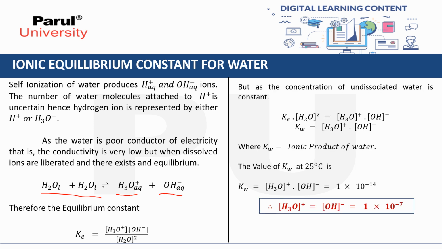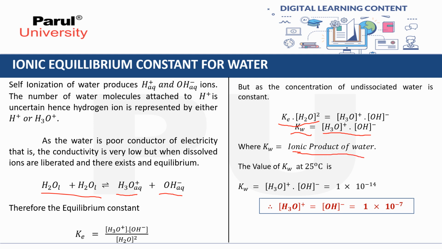But as the concentration of undissociated water is constant, we can assume the concentration of the reactant as a constant value. Therefore, Ke multiplied by the concentration of the reactant will give you the ionic product of water, a constant value, that is Kw. Hence, Kw is equal to H3O plus into OH minus, which is the ionic product of water.